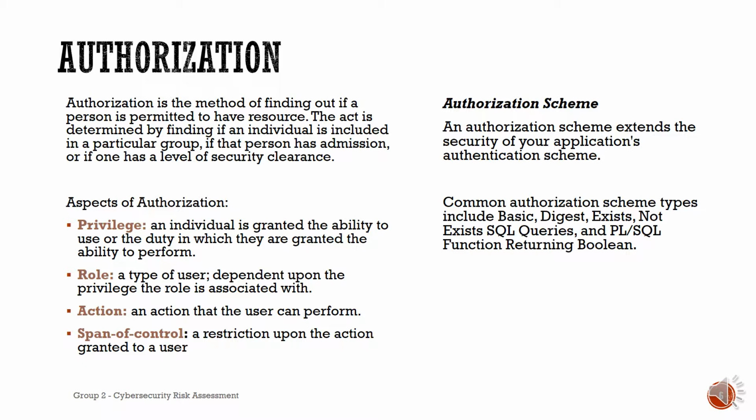Action, typically an action that the user can perform. Some examples are initiate, submit, approve, reconcile, or view inquiry. Lastly, span of control. This is the restriction upon the action granted to a user. This is often a restriction by an organizational code, budget number, or the organization or entity defined restriction.